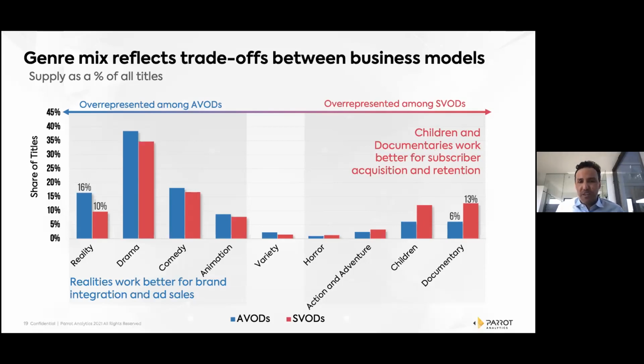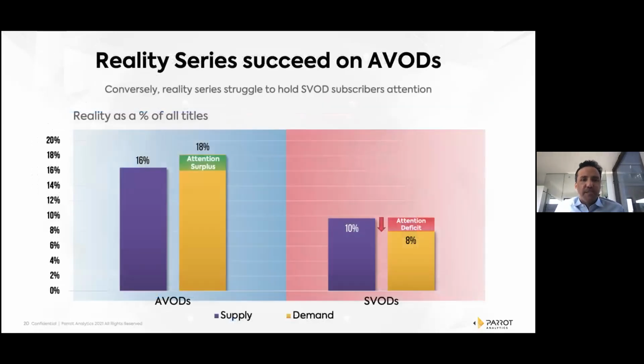If we go a little bit deeper to also understand the demand, this makes sense too. You look at the realities, you look at the supply and the demand. When you're looking at AVODs, 16% of all titles on AVODs are reality titles, but 18% of the demand is coming from those titles. So what we see here is what we call an attention surplus.